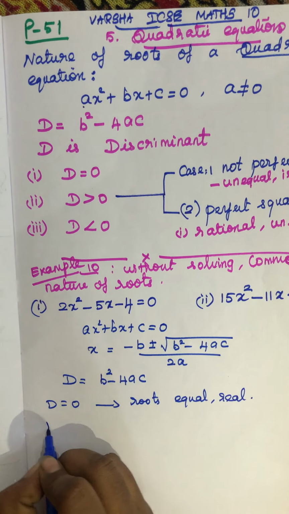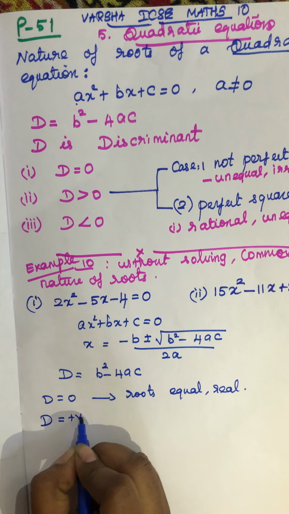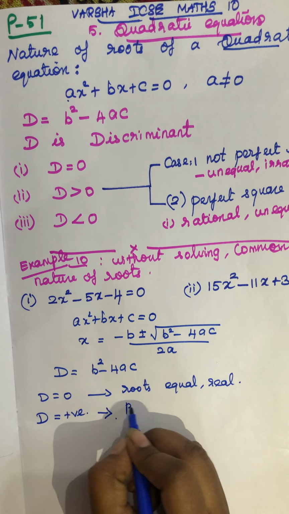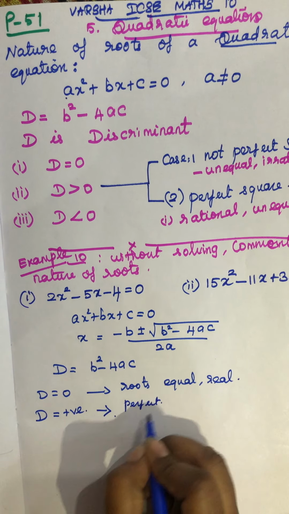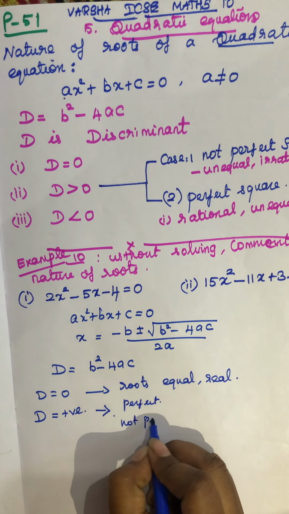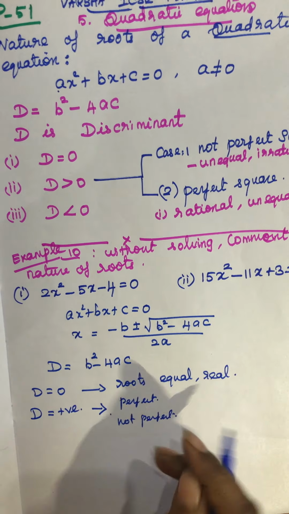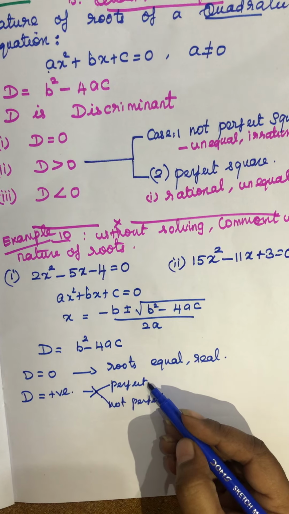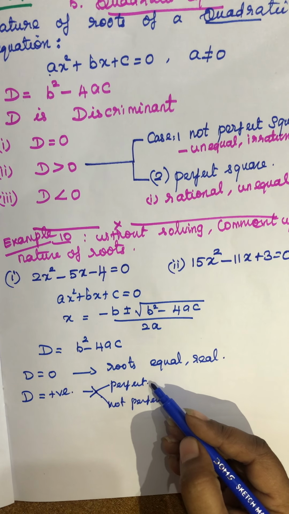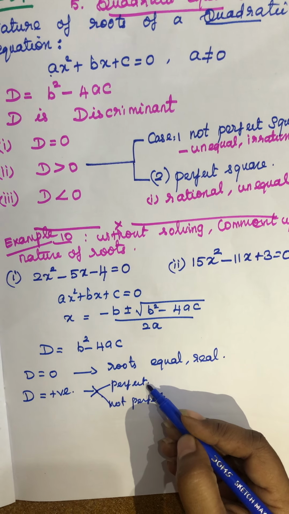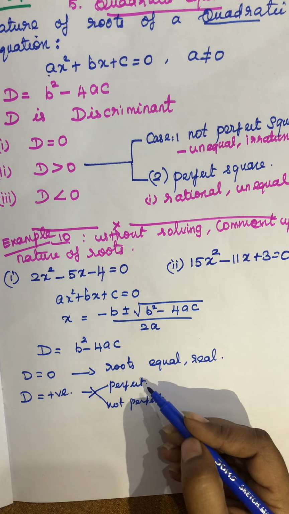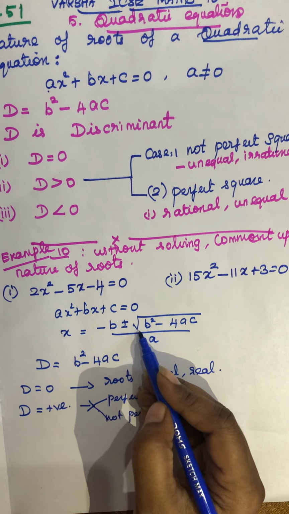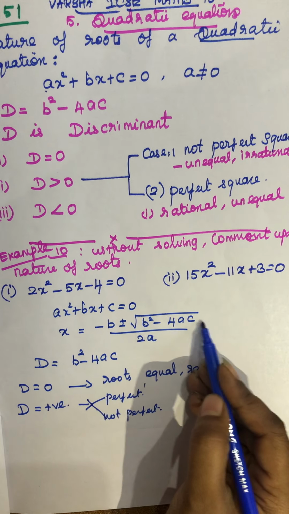If D is a positive number, there are 2 possibilities: it can be a perfect square or not. Perfect squares are 1, 4, 25, 36, so you can write the square root.